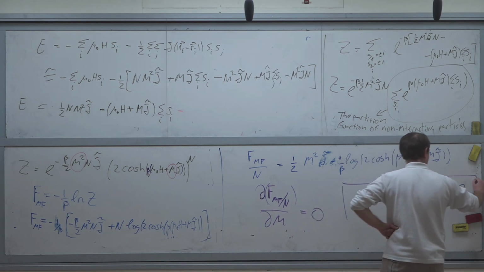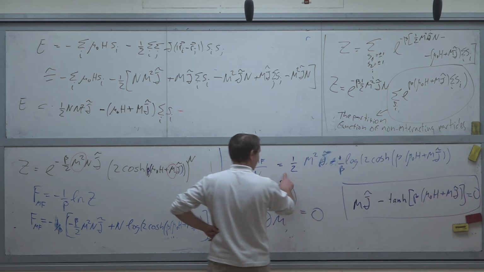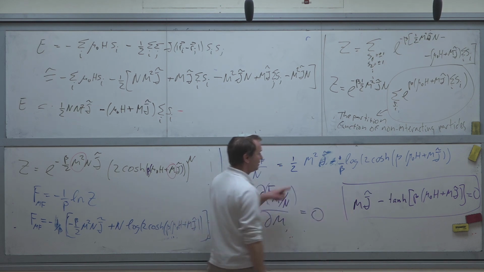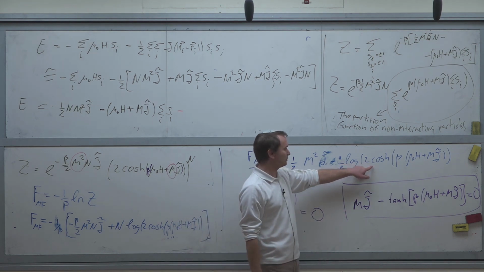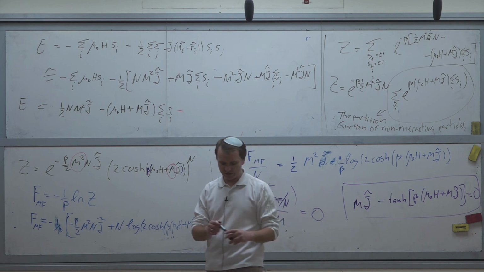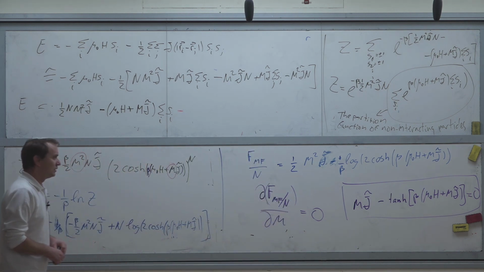If I take the derivative of this with respect to m, this is what I'm getting. The first term is clear, the second term is also clear because it's a hyperbolic cosine, and so on.